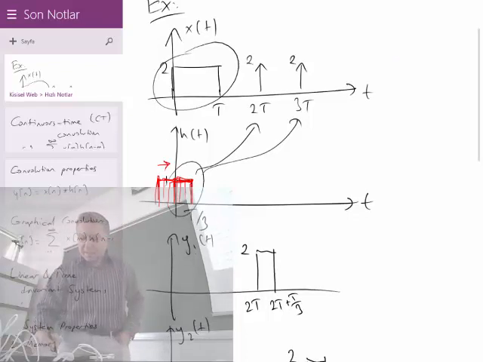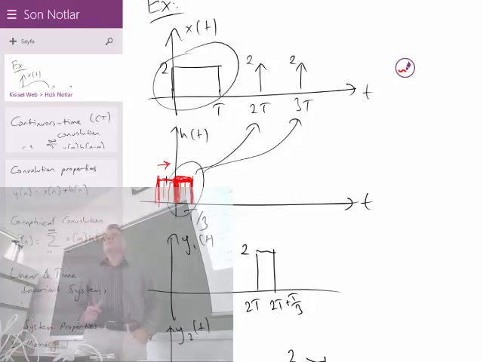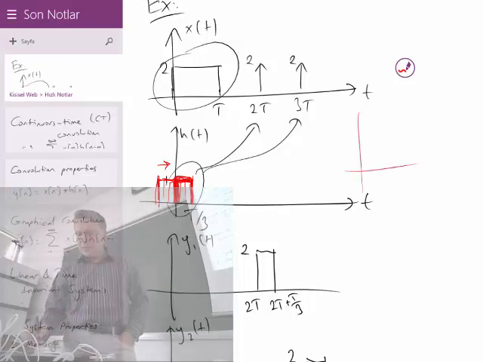Now multiply this red shape with the top figure here. What will be the multiplication? I'll try to draw here: the peak value will be 2 because this was 1, so 1 times 2 will be 2.